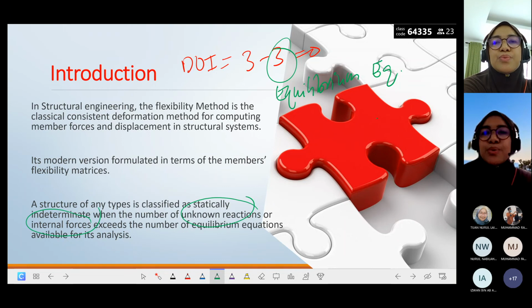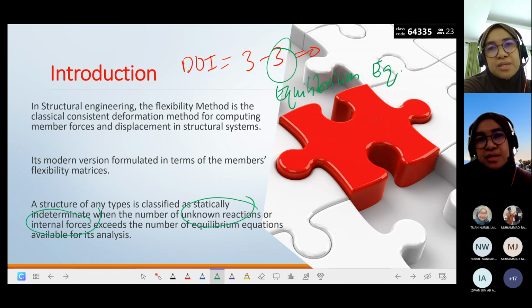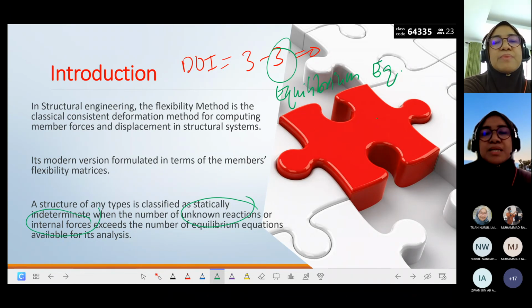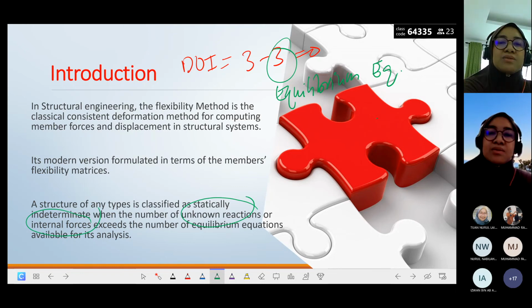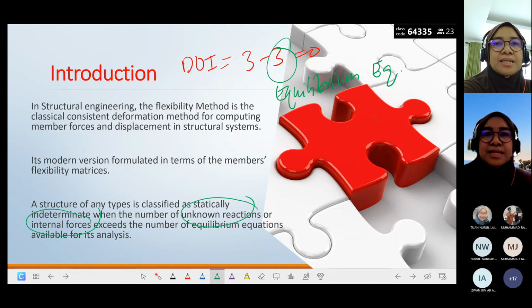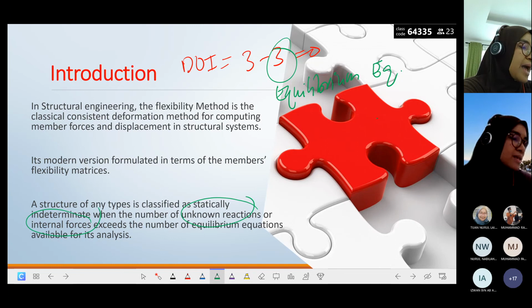Okay, and then we minus with three equilibrium equation. So whenever it is equal to 0 means it is determinate structure. But whenever the structure has more than 3 unknown reaction, which comes from support, the structure is actually indeterminate structure. Okay, and in order to calculate the degree of indeterminacy for truss, we need to consider internal forces as well.